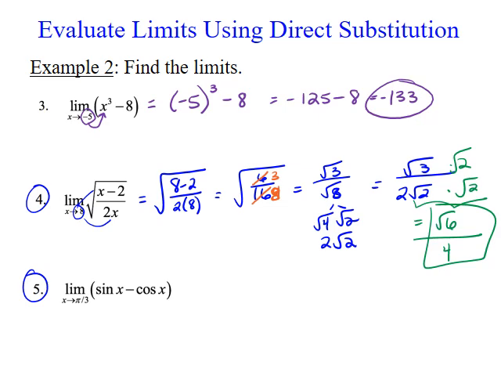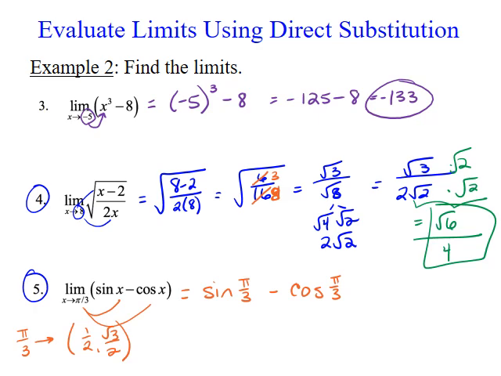Okay, well, using direct substitution in this trig problem, we would have sine of pi over 3 minus cosine of pi over 3. We should know that the corresponding ordered pair for pi over 3 is 1/2, root 3 over 2.